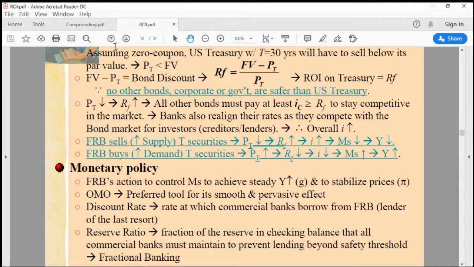So anyway, the bottom line is, this explains, okay, so first, the Federal Reserve sells more Treasury securities, and then due to law of demand and supply, price goes down, therefore the risk-free return goes up. When the risk-free return goes up, what should happen to the rest of the bond market? Think about it.